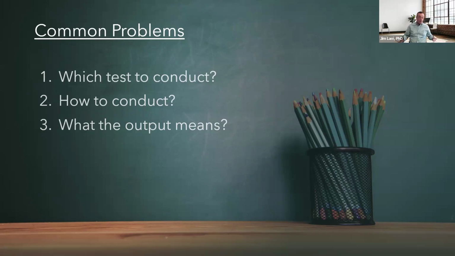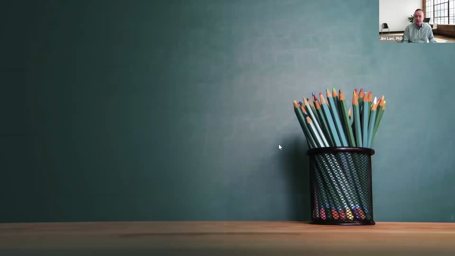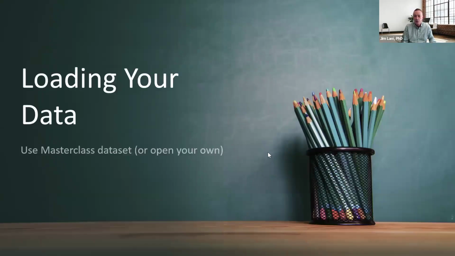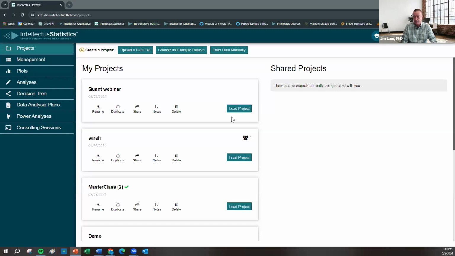And we have a decision tree to help get you that correct test. How to conduct it, we've looked to streamline the tool so it's easy to conduct. And then what does the output mean? We actually interpret things in plain English prose so you're not wrestling with uninterpreted raw output. So load up your data. So let's just get to it.